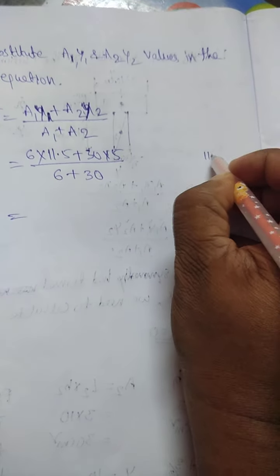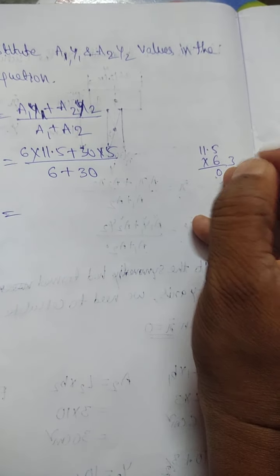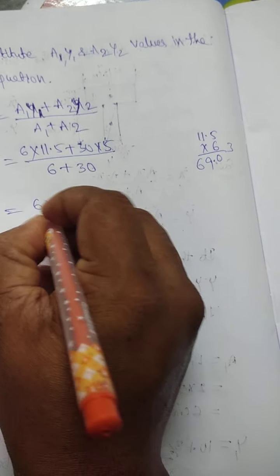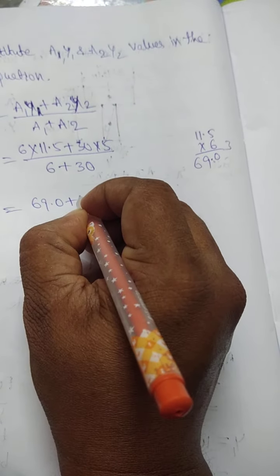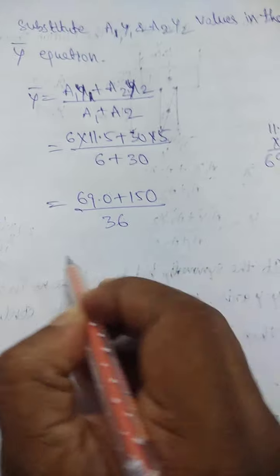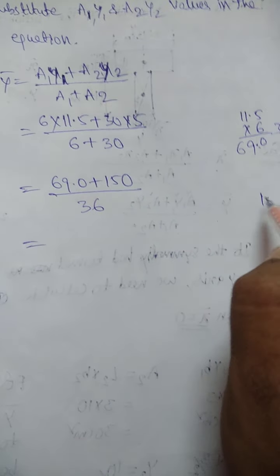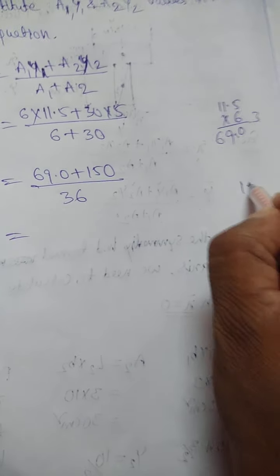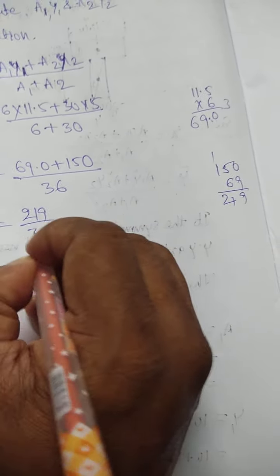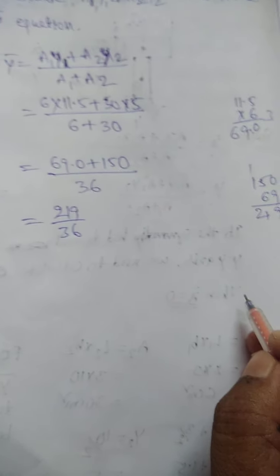Therefore 6 into 11.5 is 69, plus 30 into 5 is 150, by 36, that is 150 plus 69 is equal to 219 divided by 36.